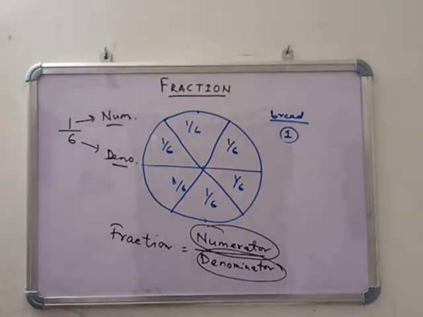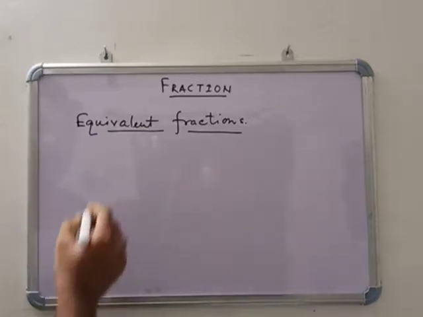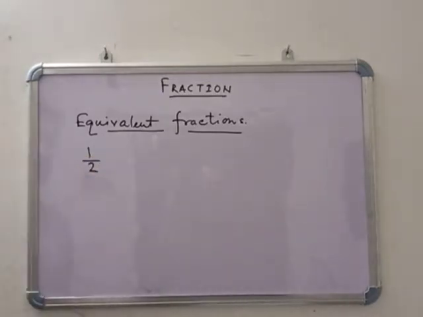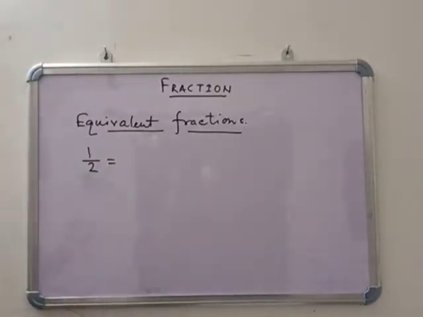Now, what is an equivalent fraction? Equivalent fraction means two or more fractions representing the same part of a whole. For example, for 1/2, to get an equivalent fraction you have to multiply the numerator and denominator by the same number.